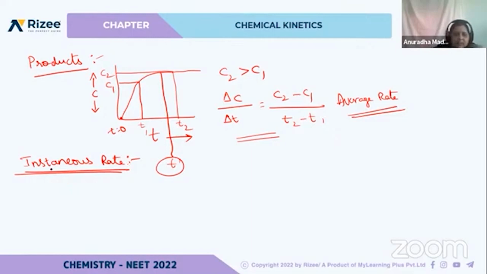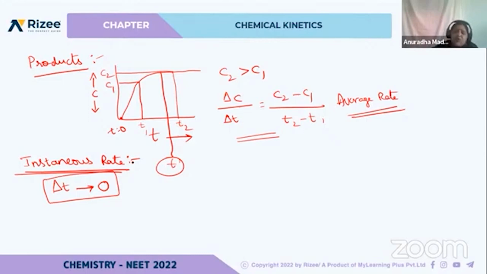At that time, delta T tends to 0. The change in time interval is 0 here, because we are choosing only one particular time, not a time interval, so obviously delta T tends to 0.